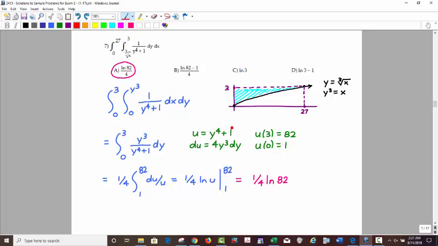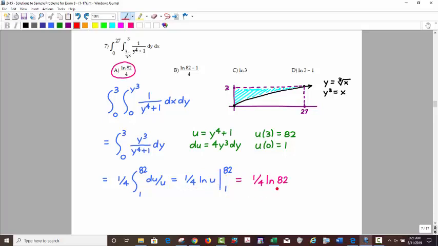You let u equals y to the 4th plus 1, du equals 4y cubed dy, so 1/4 comes outside. Then I change the limits of integration: 3 to the 4th plus 1 is 82, and 0 to the 4th plus 1 is 1. And now we have du over u from 1 to 82 with the 1/4 out there. The antiderivative of du over u is natural log of u. So we have 1/4 natural log of u, evaluated from 82 minus 1.